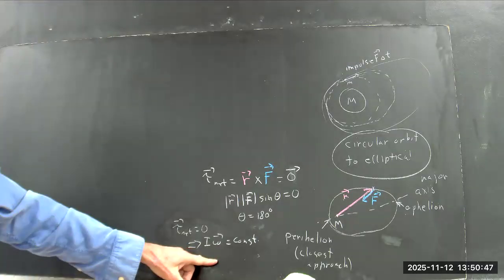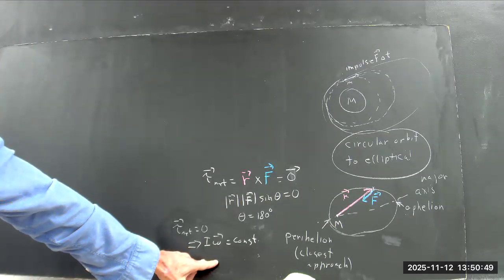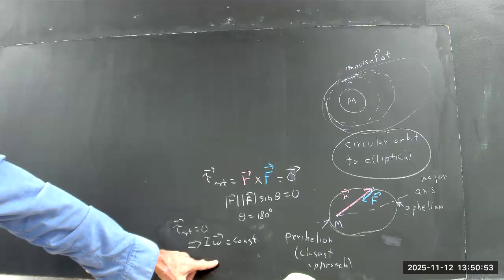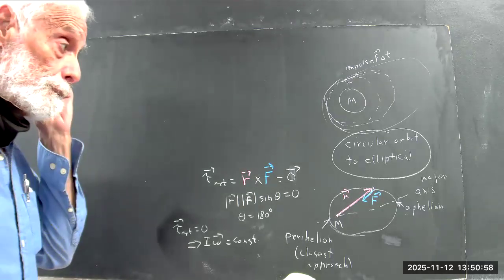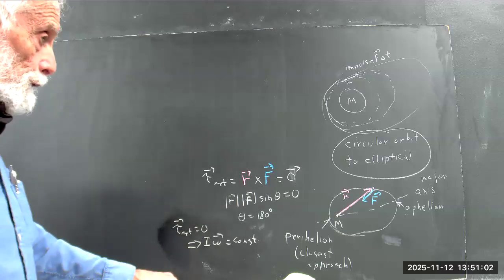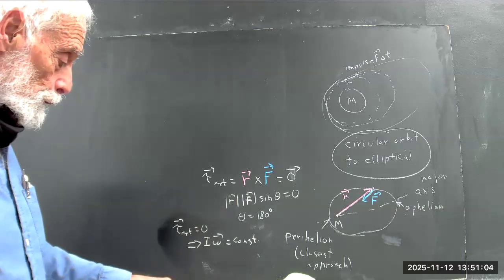This tells you that your angular momentum is constant. You don't have a net torque, so you're not going to change your angular momentum. Now, there are other implications of that, but we're out of time.